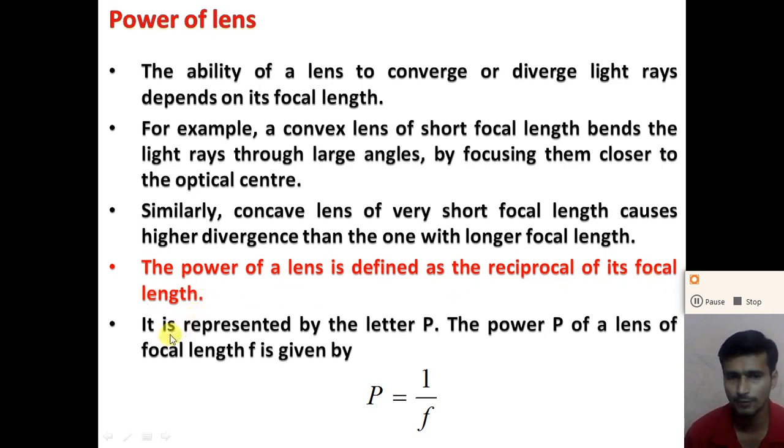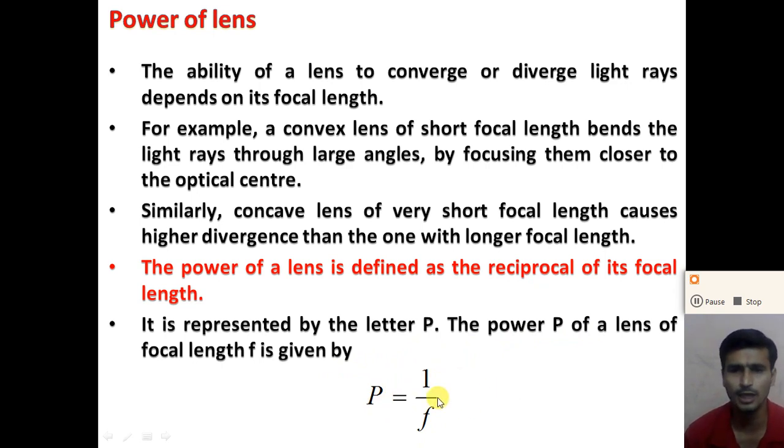The power of a lens is represented by a capital P, right? The power of the lens P is given by the formula P is equal to 1 by f. The power of a lens is the reciprocal of the focal length.